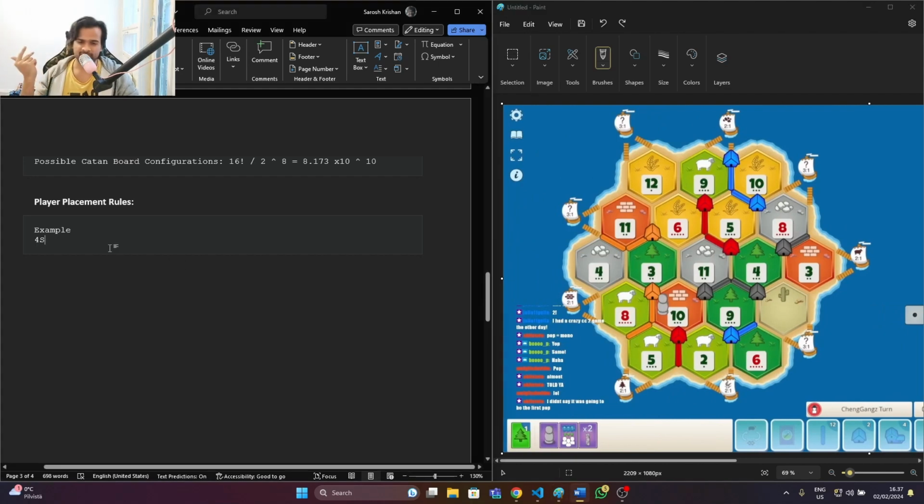Instead of 1, 2, 3, 4, we can maybe do A, B, C, D. I don't know which would help us more. Actually, A, B, C, D might be better because right now we're using numbers to indicate the number of empty spaces. So let's use A, B, C, D.